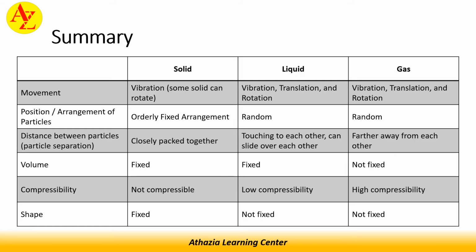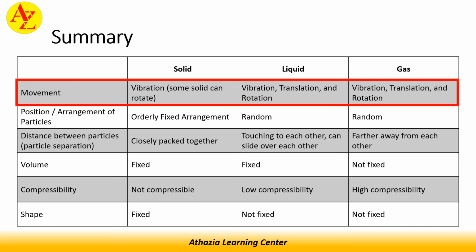This is the summary of this lesson. For the movement of the particles, in a solid they can only vibrate. Some solids may also rotate, but in liquids and gases, they can vibrate, translate, and rotate. For the position or arrangement of the particles, in a solid they are arranged orderly and fixed.